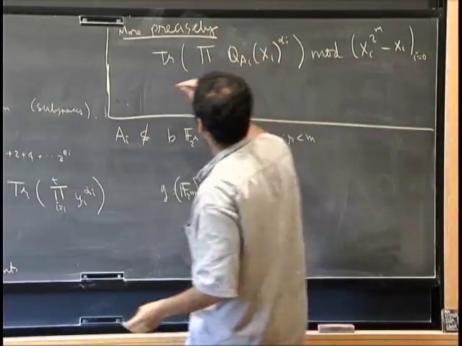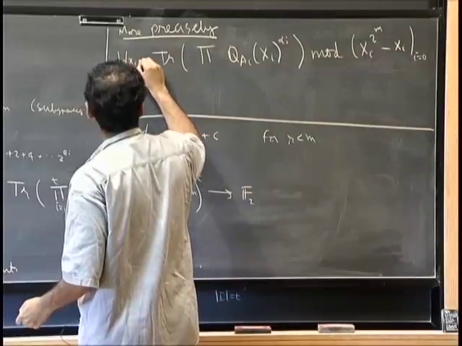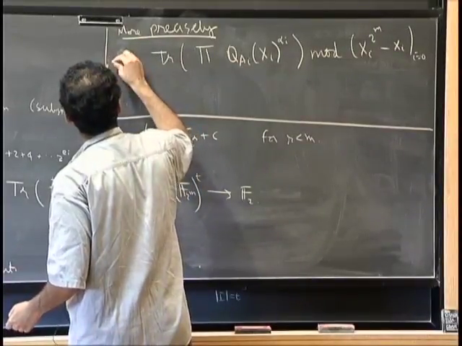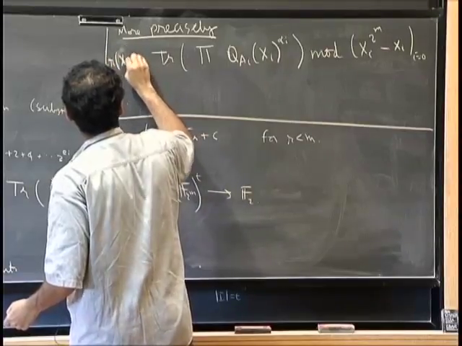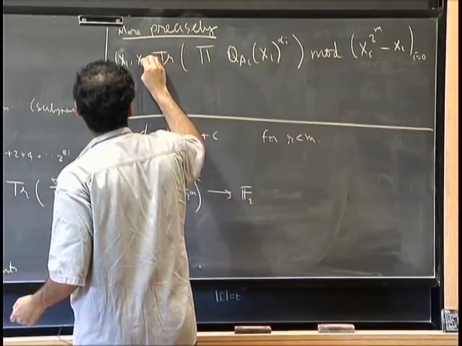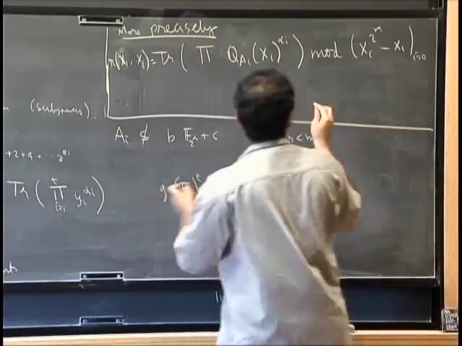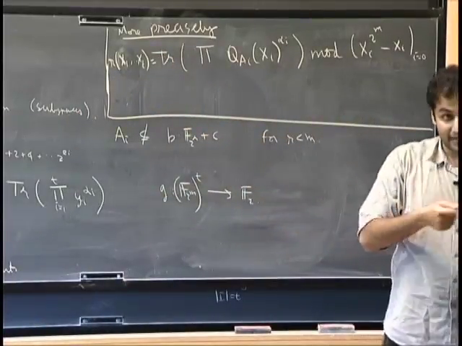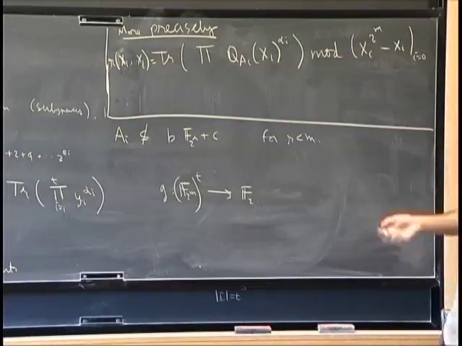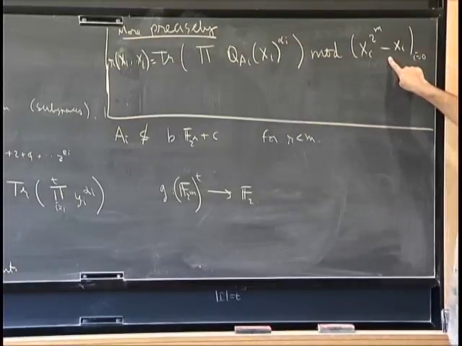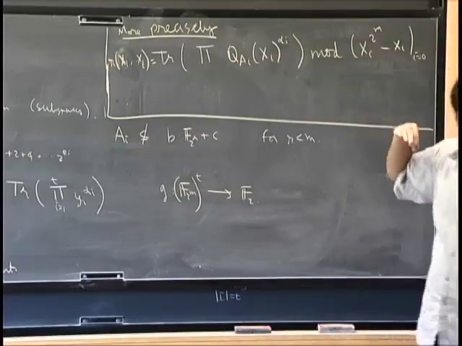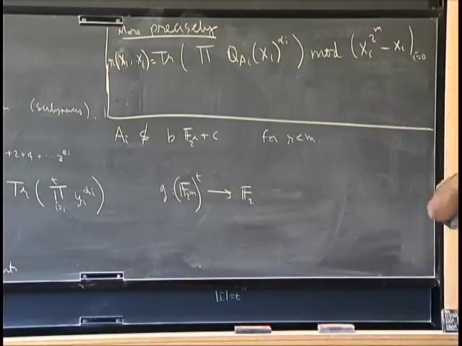If I call this r of x_1 up to x_t, then the claim is r is non-constant when you plug in the x_i's over the whole field F_2^m, which equivalently is looking at it mod x_i^(2^m) minus x_i, and showing that this thing is a non-zero polynomial.